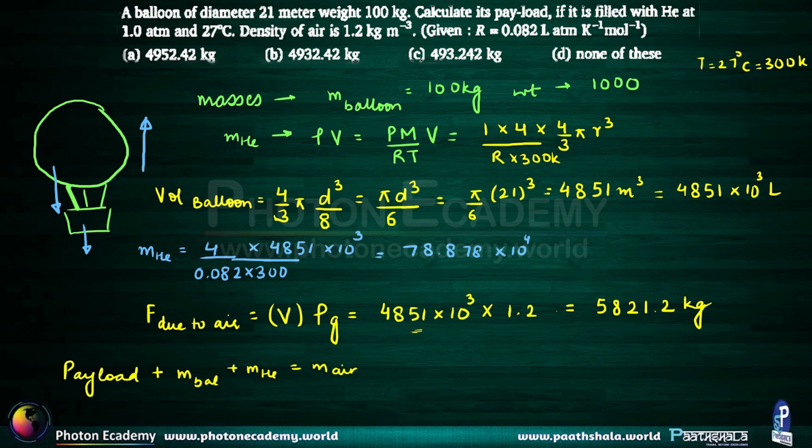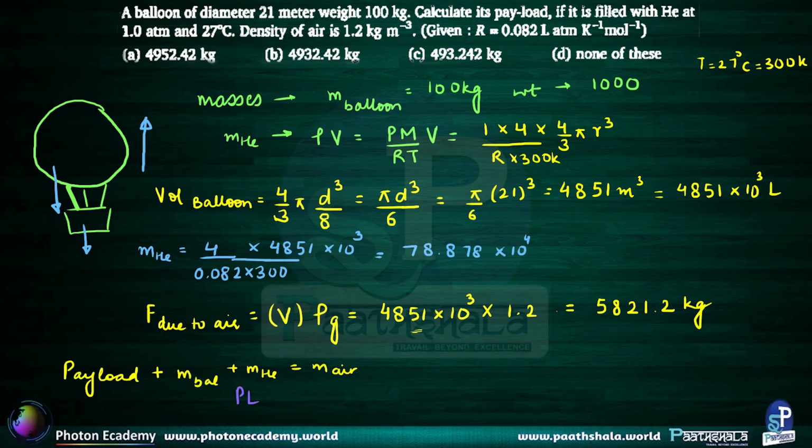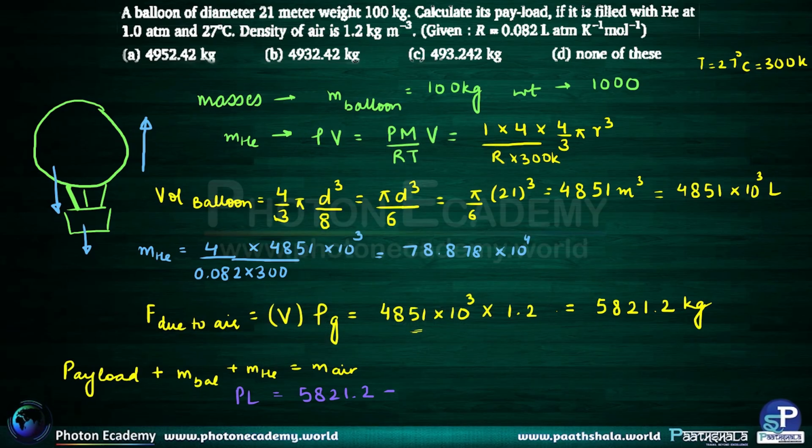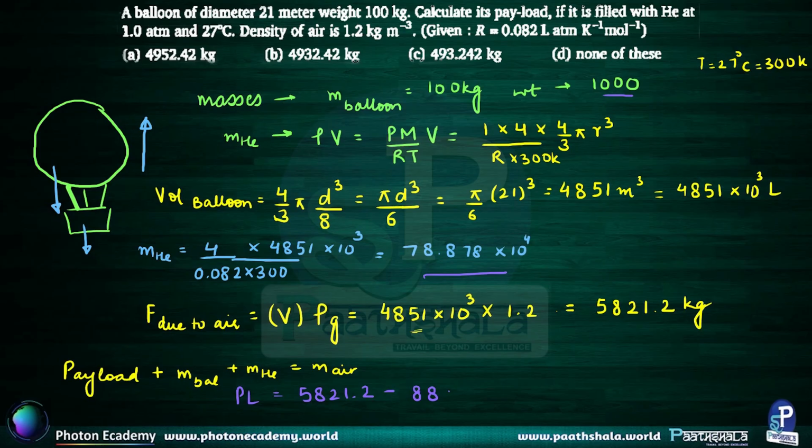So we can say that payload is equal to 5821.2 minus the mass of balloon and the mass of the gas inside, both of them, that is this and this, added together in kilograms, would add up to form 888.6 32.78 kilograms.